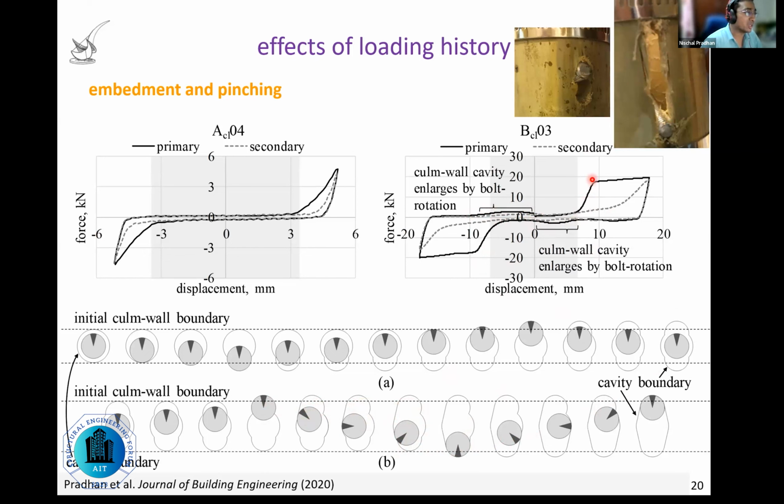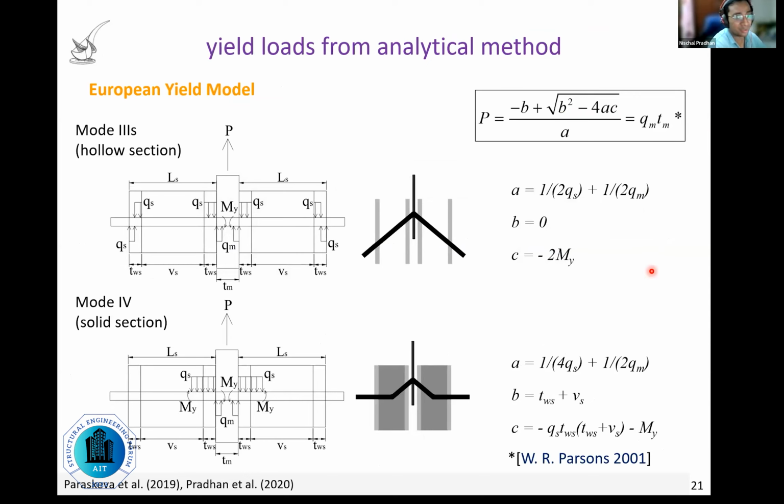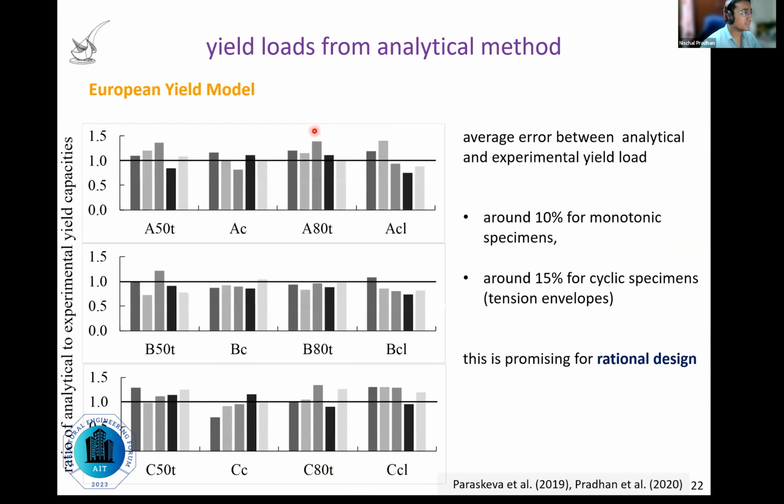Now, the most important aspect of these connections compared to contemporary solutions in the field is that these connections are predictable. Their yield capacity can be predicted using European yield model equations that were originally developed for timber. And it turns out these equations work very well for bamboo connections as well. In particular, the error in prediction is about 10% for monotonic specimens and about 15% for cyclic specimens.